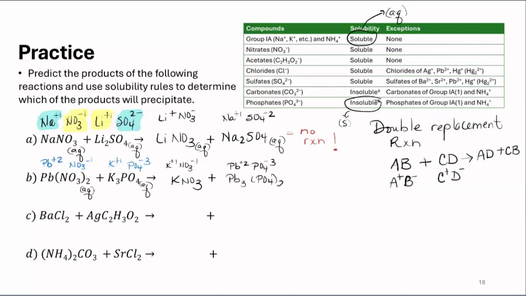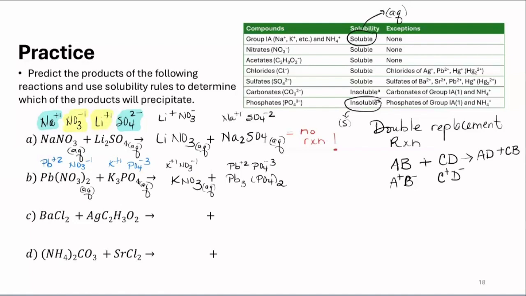Let's now determine if indeed we have formed a precipitate, meaning that we made an ionic compound that is not soluble in water. So when we look at KNO3, since KNO3 has nitrate in the chemical formula, and additionally, we have potassium, any of those two ions make a compound be soluble in water, so KNO3 is actually aqueous.